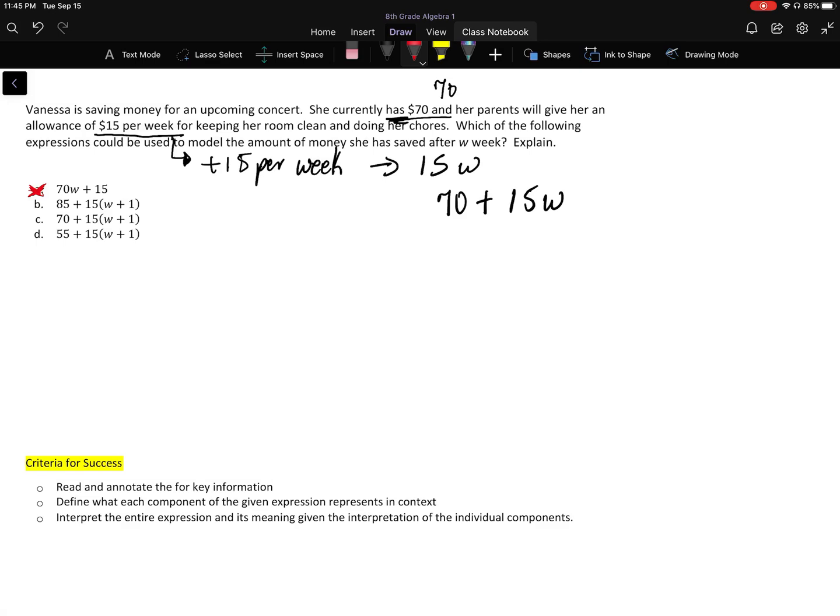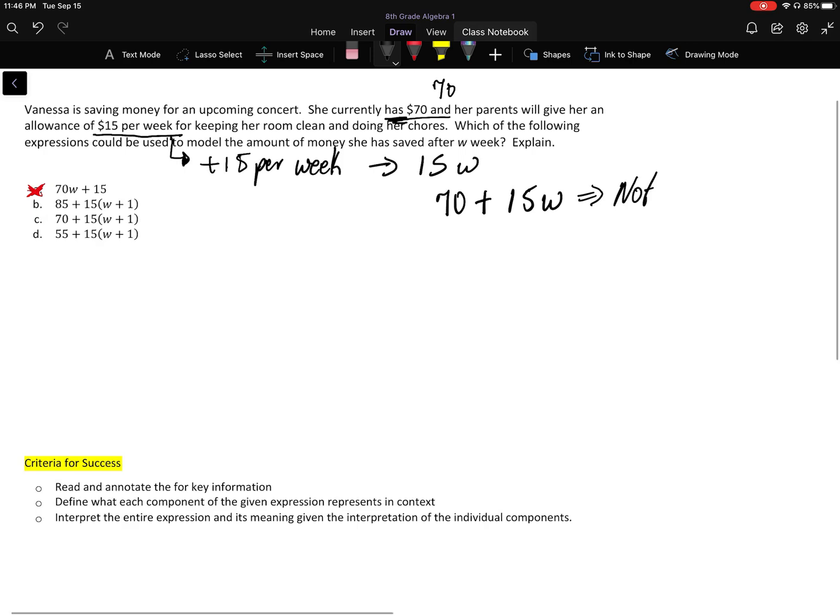We know that 70 plus is not an option over there. So we have to see what's going on. For this one, we're going to solve it algebraically, and then prove it numerically.